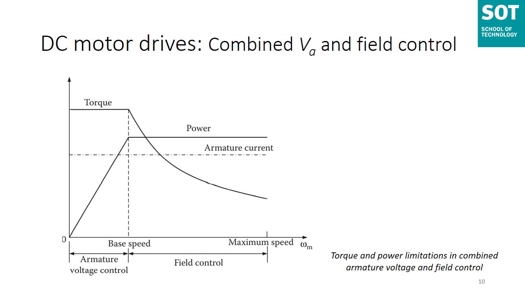So you have both armature voltage control below the base speed and field control as a constant power, but torque is varying above the base speed.